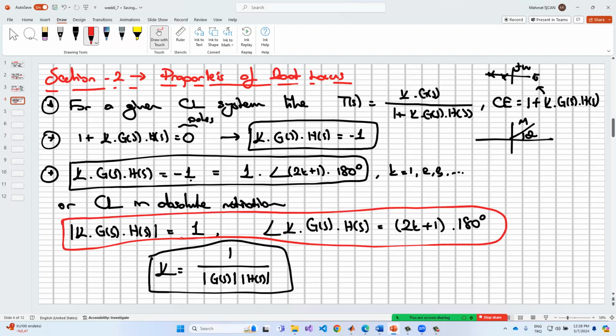Just remember that if we want to design a stable system, we need to use these two properties: one of them is this one, the other is this one, in the root locus techniques.